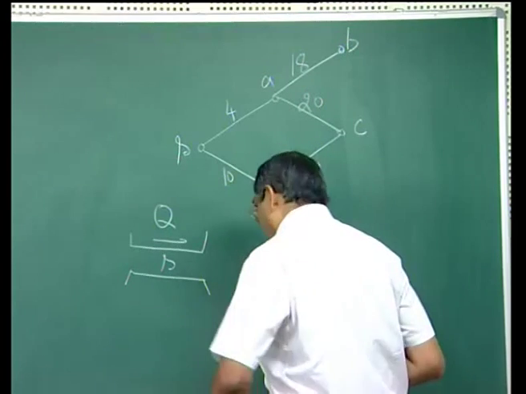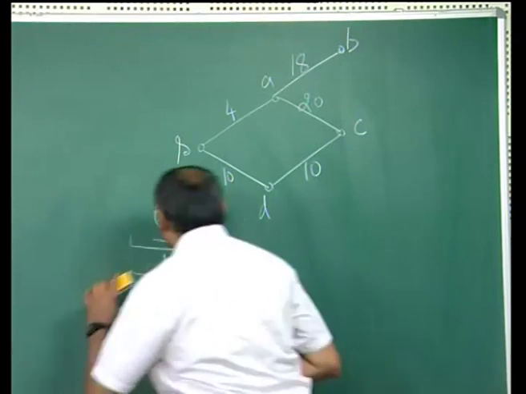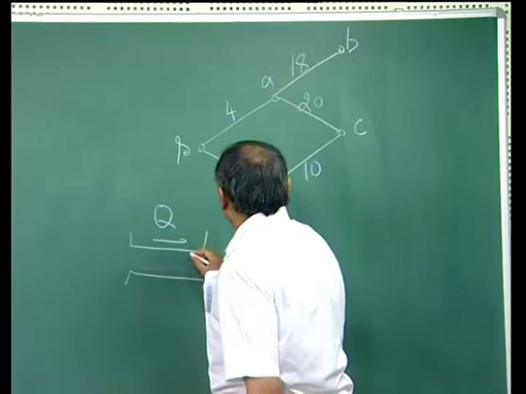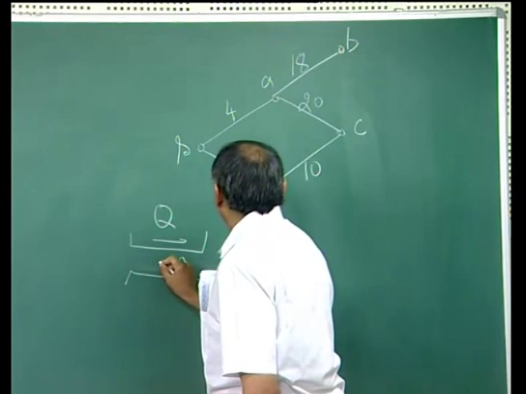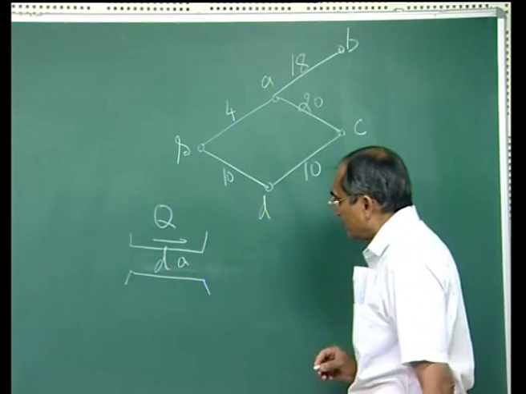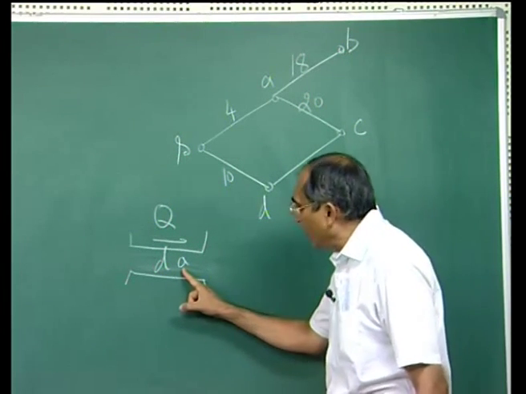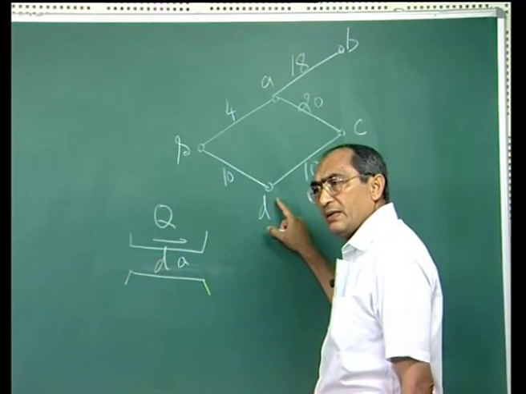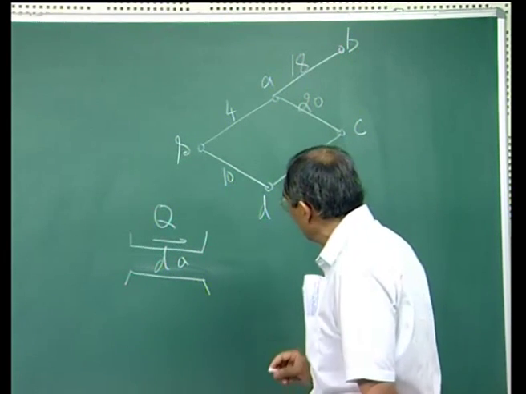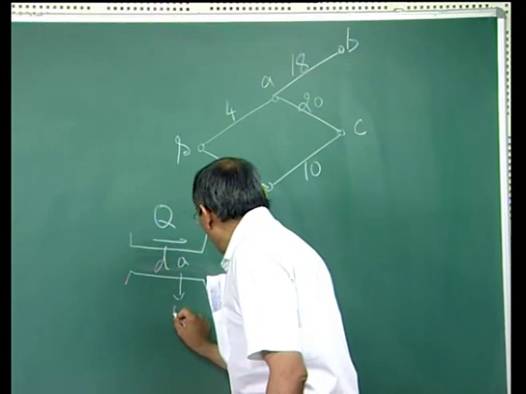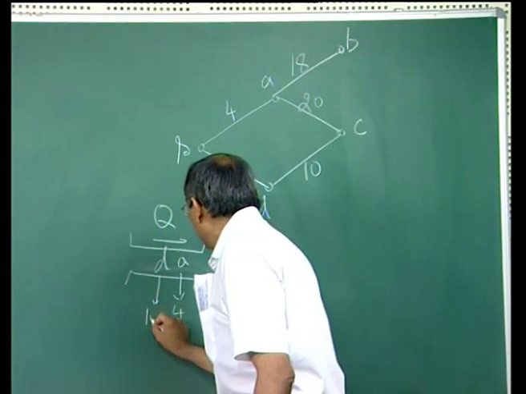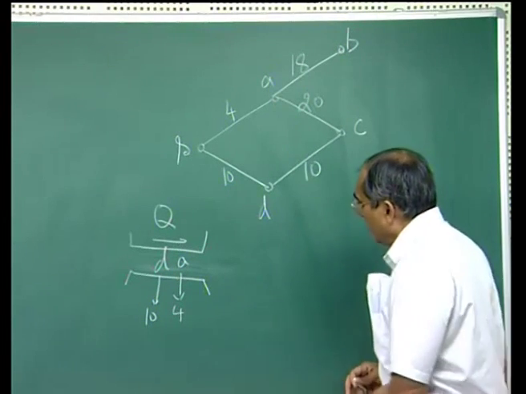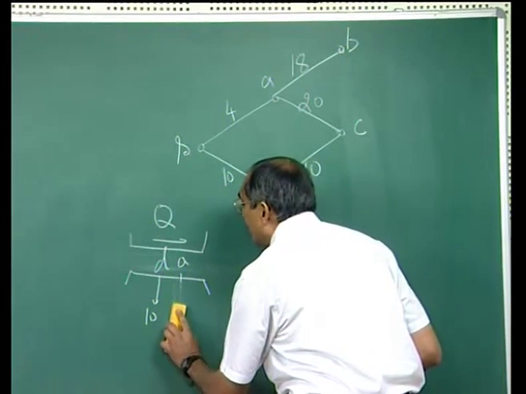So, this Q takes S out and then it puts A and D. The D value of A is 4 and that of D is 10. So, let me just write down 4 and 10, and then you take A out.